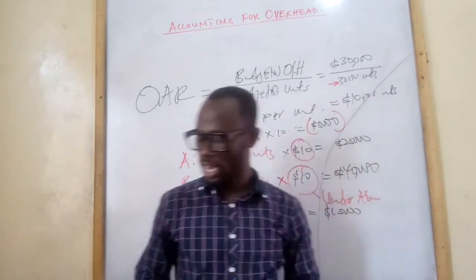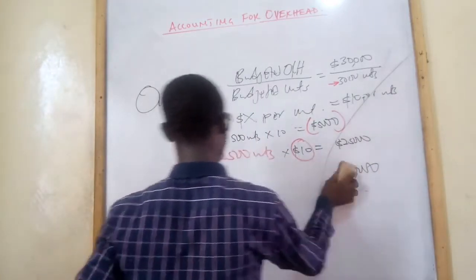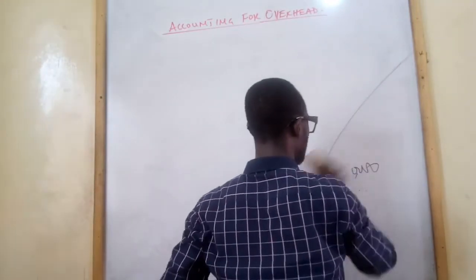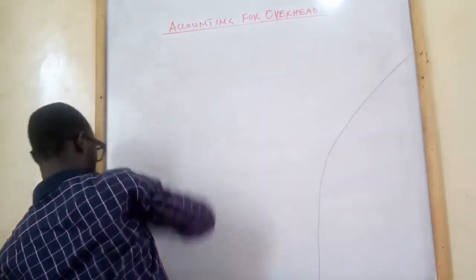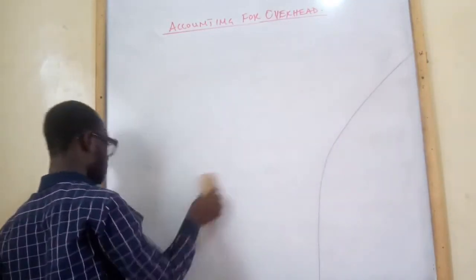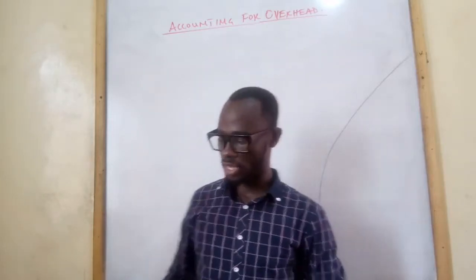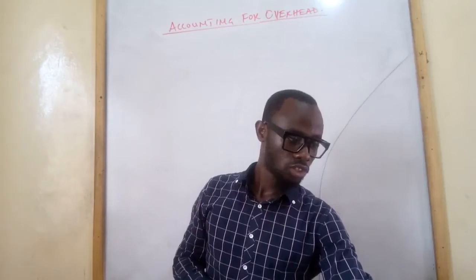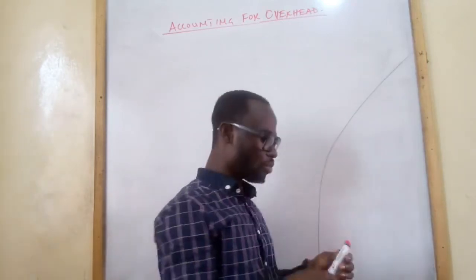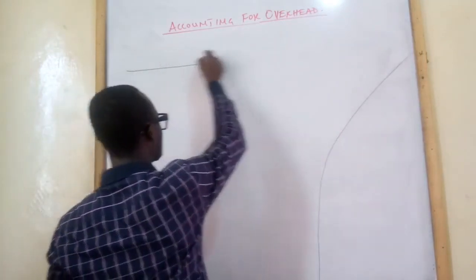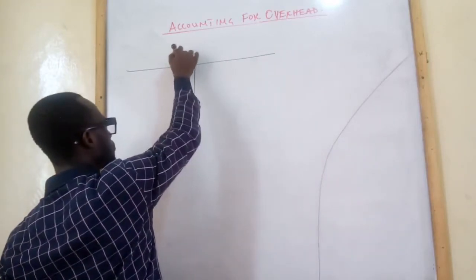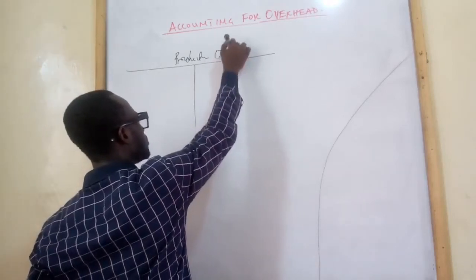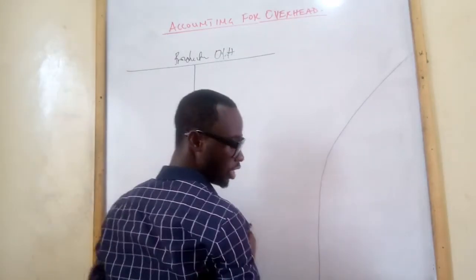So in looking at this question, we have to consider the various entries that must be made in relation to the overheads. Looking at the question again, we are told of production overheads, so we're going to prepare a production overheads account, and we are using dollars.